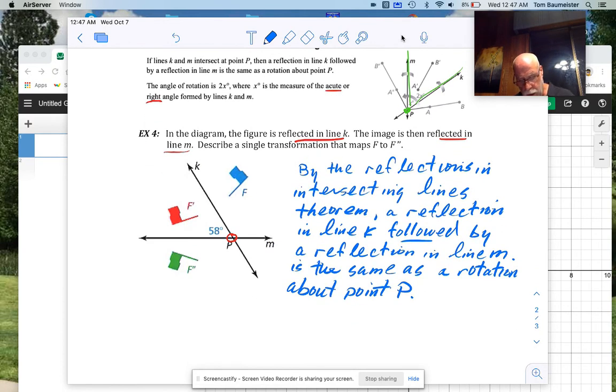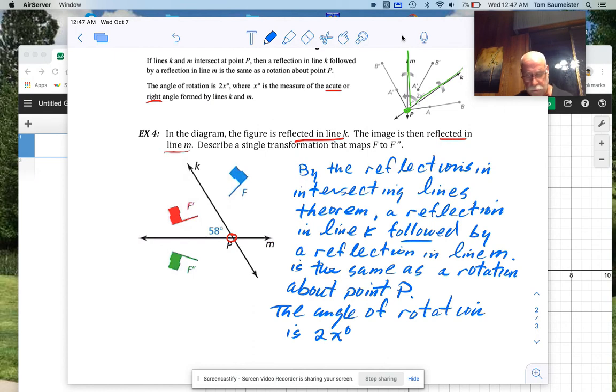Now remember, they told us that the angle of rotation is 2 times x degrees.